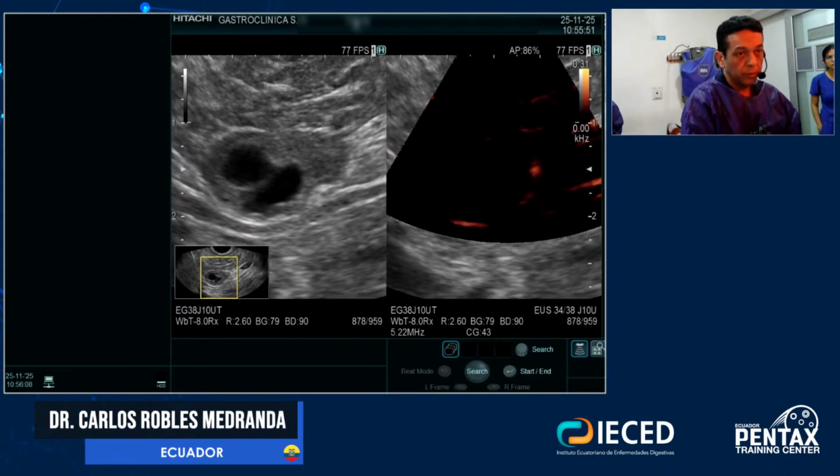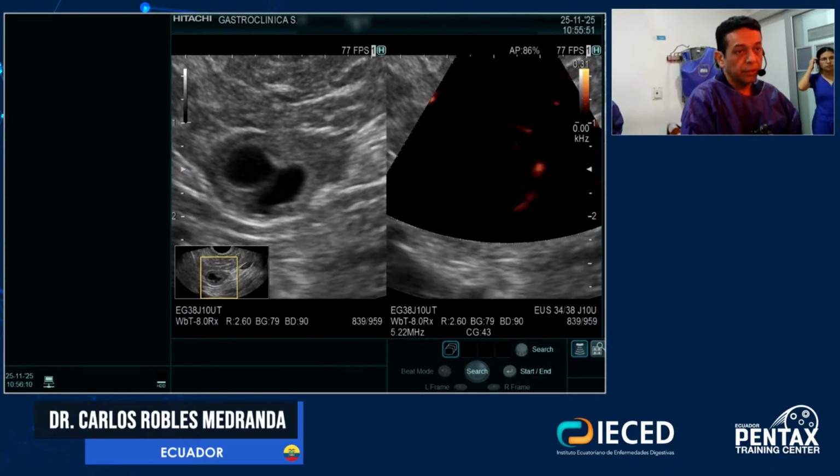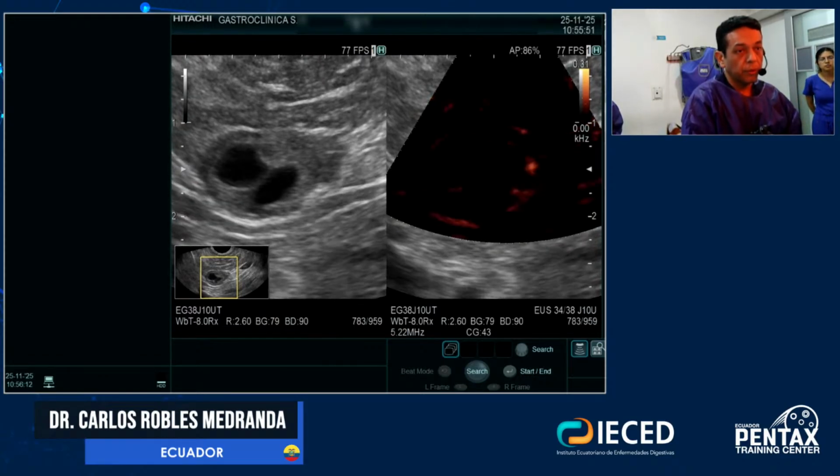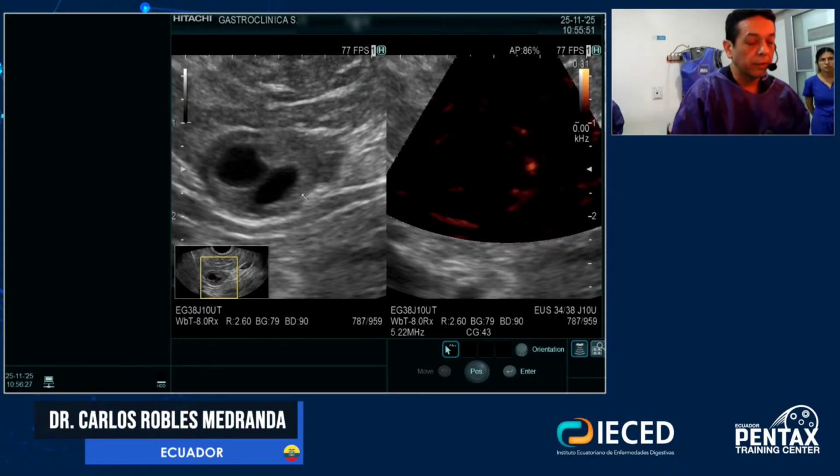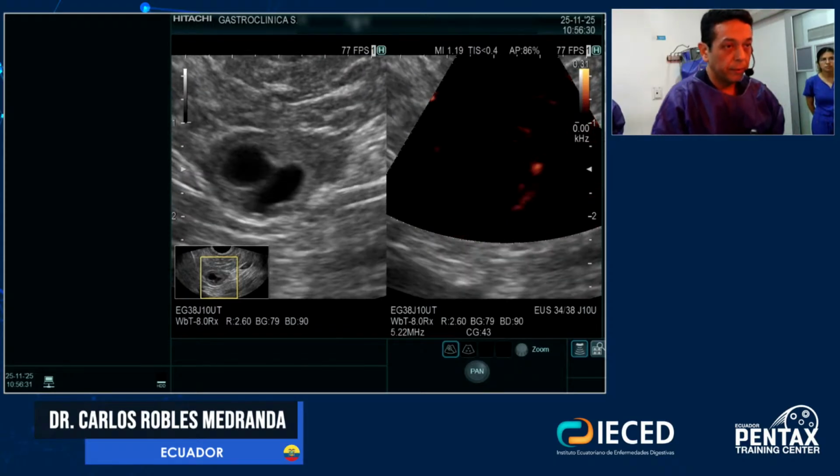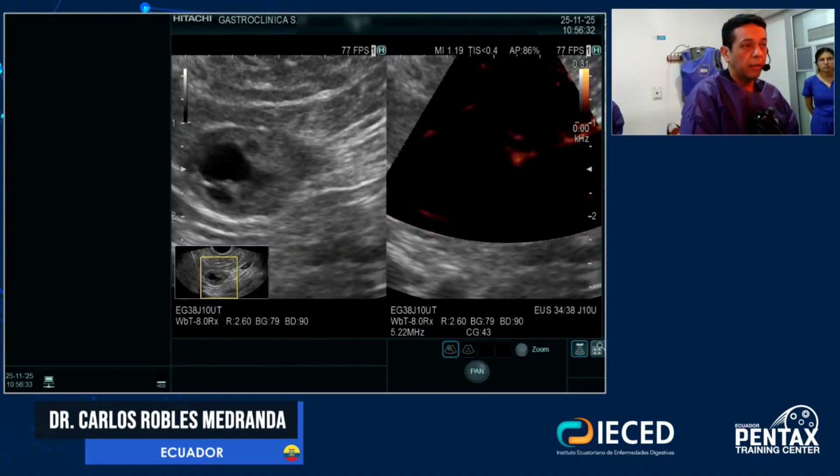But also, you see here, I want to show you a little bit more. Here, you see here. So here is also microvascularization. So this wall is completely microvascularized. It means a lot.